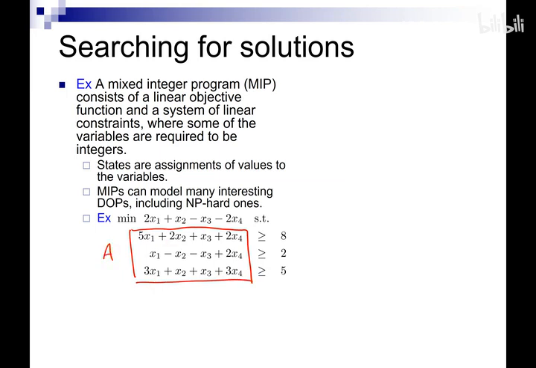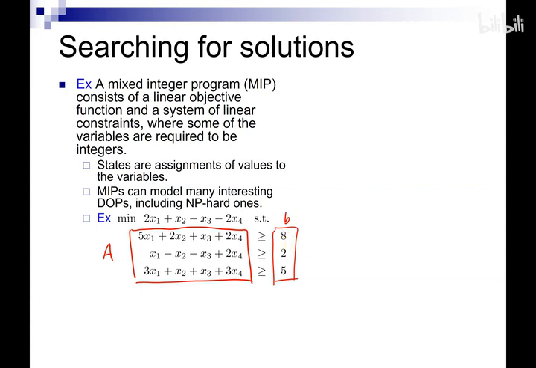Here it's going to be a 3x4 matrix, and the values in the matrix are just the coefficients for all of these constraints. We're going to call that matrix A, and let's call the right-hand side B. This is some sort of vector, where B sub i is the ith value, so B sub 1, B sub 2, and so on.